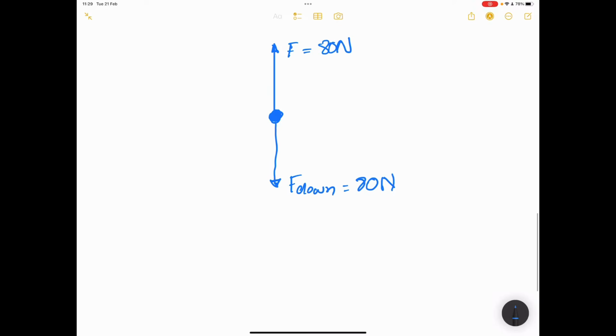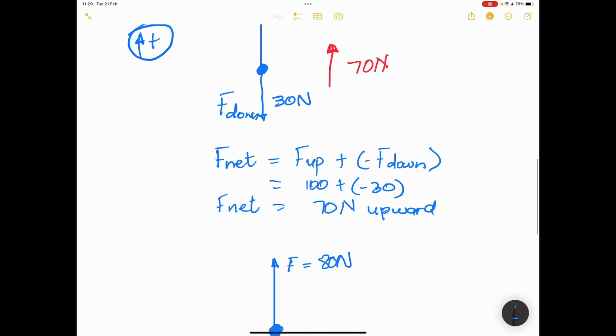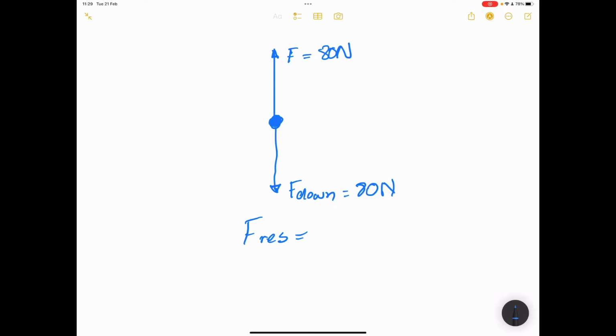It simply means that we now have a system that is at equilibrium. We're going to talk about that later on. I still want to address the issue of the resultant. If we were to calculate the resultant or the net force, please note, I'll keep using these interchangeably. One moment I'll call it the net force, the other resultant, but it's all the same thing. So in this case, it would be my force upwards plus my force downwards, so we would have 80 plus a negative 80 newtons, and that would be 0 newtons.